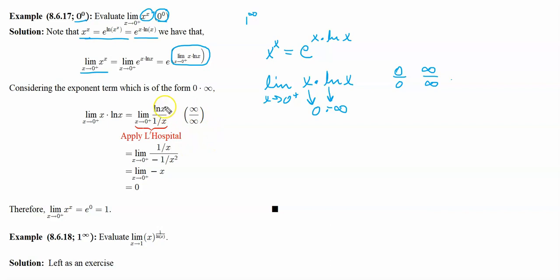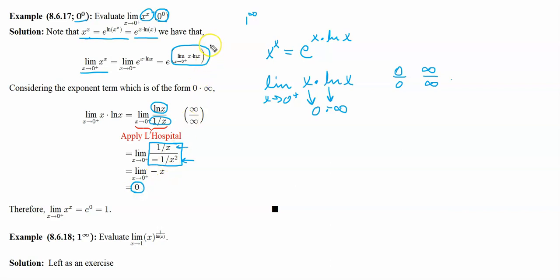Now applying L'Hopital's rule, the derivative of the numerator is 1 over x. Right, there it is. The derivative of the denominator is negative 1 over x squared. Right, there it is. And then just simplifying this, flip the 1 over x squared into the numerator, and you get the limit as x approaches 0 from the right of negative x, which is 0.